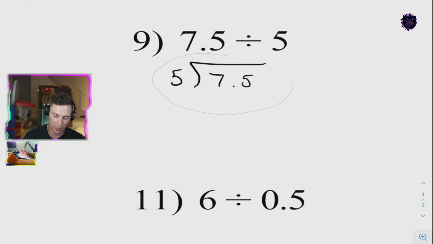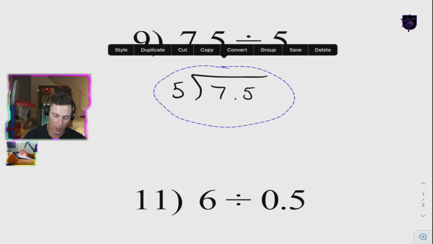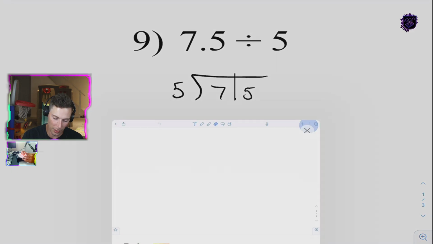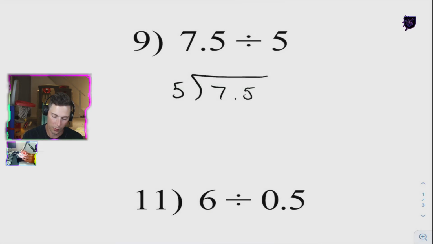I'm just going to make this a little small, move it down a little bit. Now, because with decimal division, we want to make sure we hold that place value, wherever our decimal is, we have to write that on top.